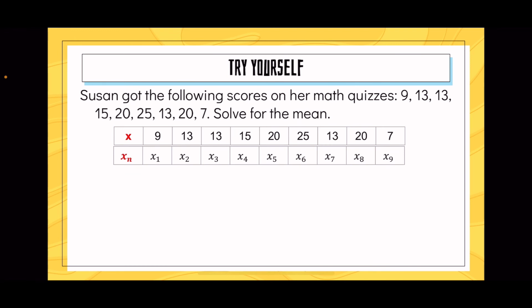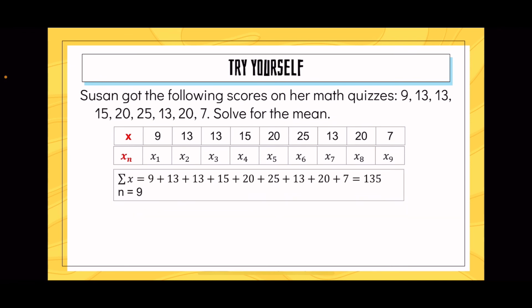So what is the total of the scores, or the summation of x, in that given set of data? We have the summation of x, which is equal to, that is right, 135.